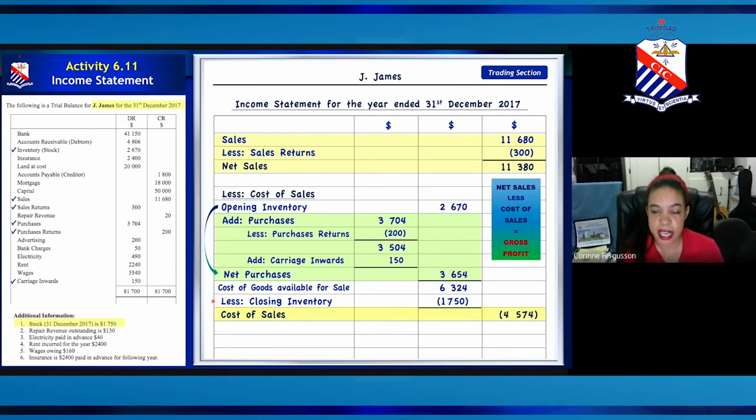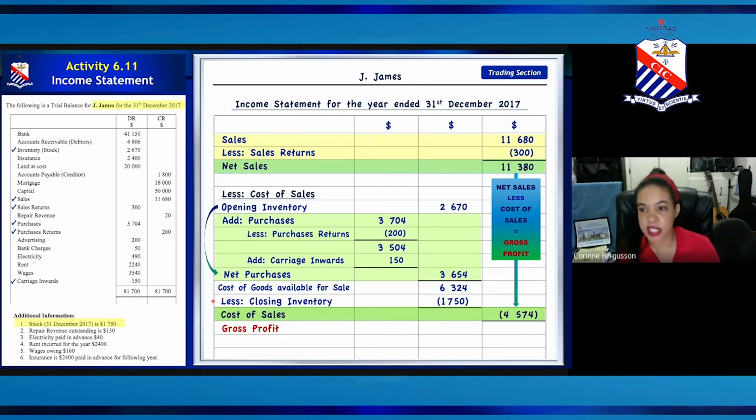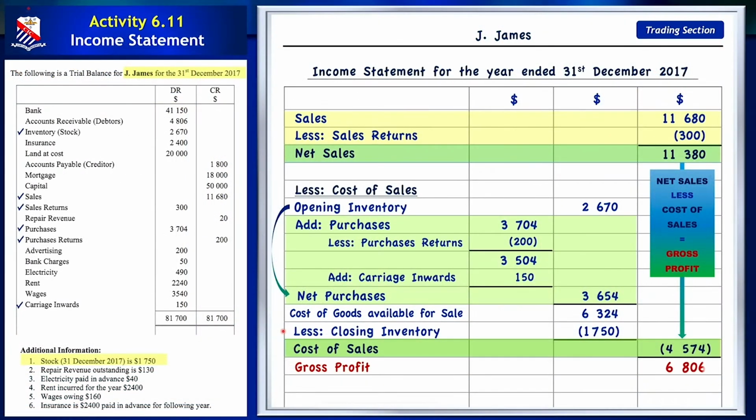So your net sales less your cost of sales, which is what we have to do now. Your net sales less your cost of sales. That is what is going to give you your gross profit. And the 11,380 less your 4,574 gives you your gross profit of 6,806.